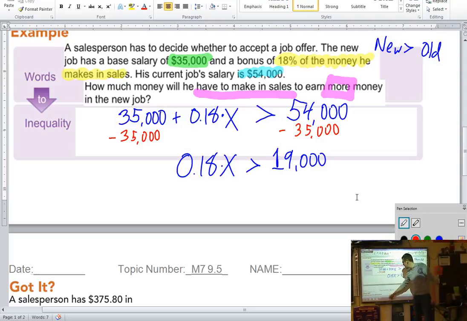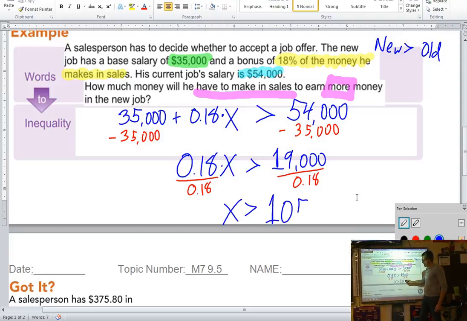We divide by the 18%. And you get 105,555.55. Hold on, I'm not even writing it yet. 105,555.5556. So it's money. We round up right there.